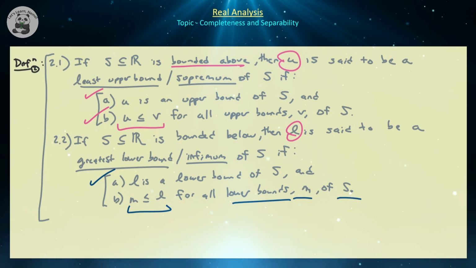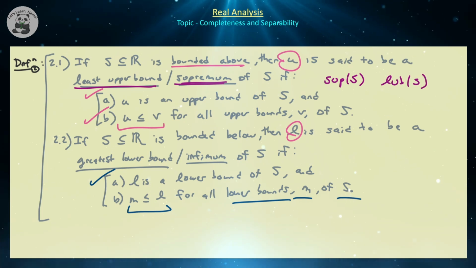Now, in terms of notation, there are a couple different notations that some people will use. For the supremum of S, some people will use SUP of S, focusing on the word supremum, and some people will use the acronym for least upper bound, so LUB of S. If you see either one of these notations, SUP or LUB of S, and you're working with a totally ordered set, then you can view those as synonymous to one another.